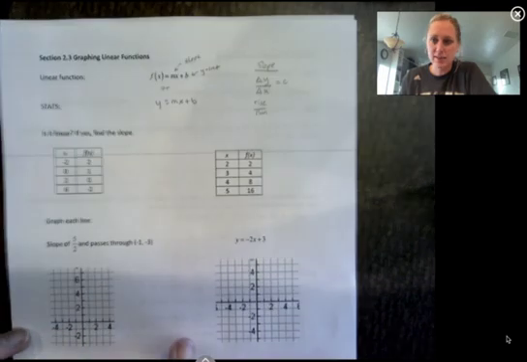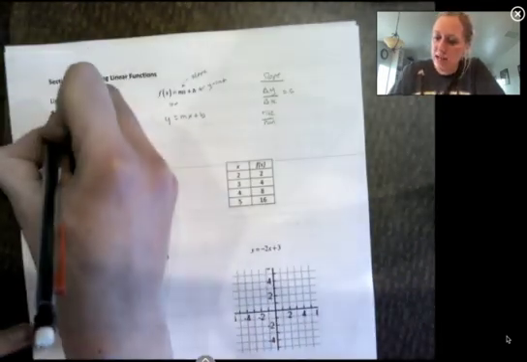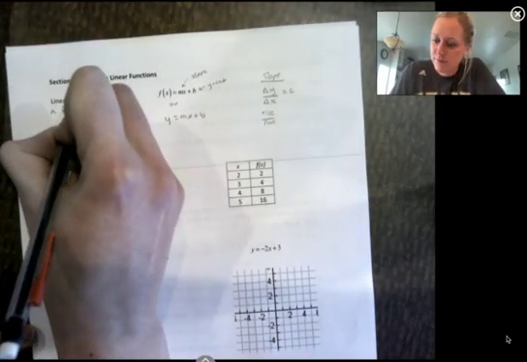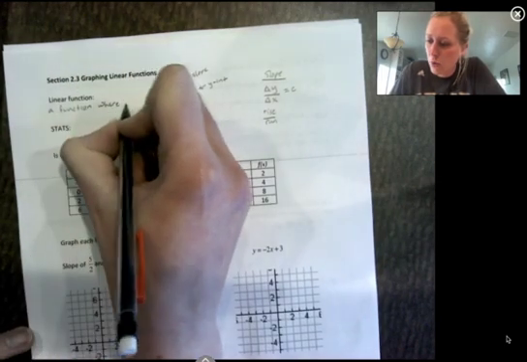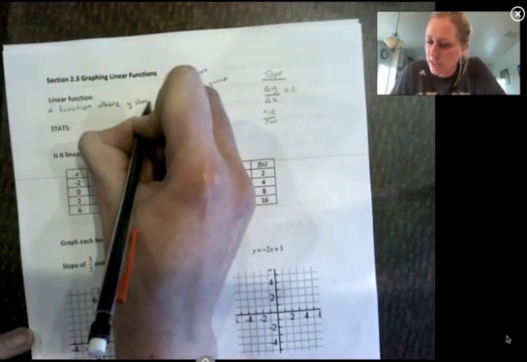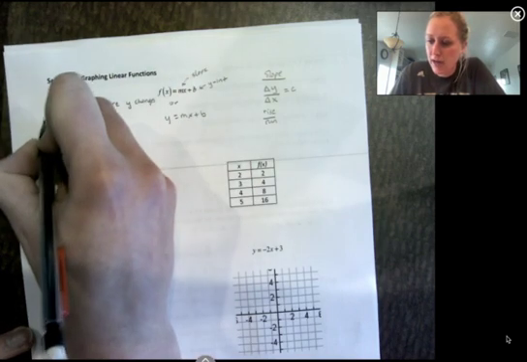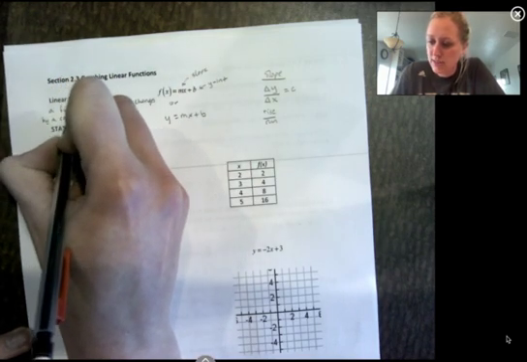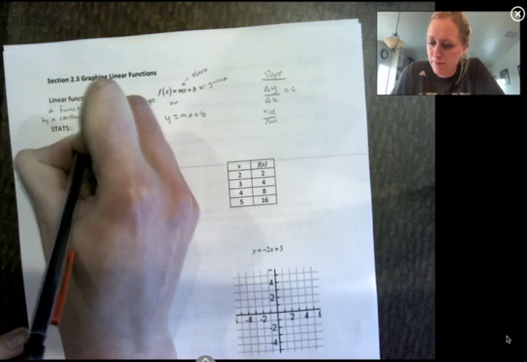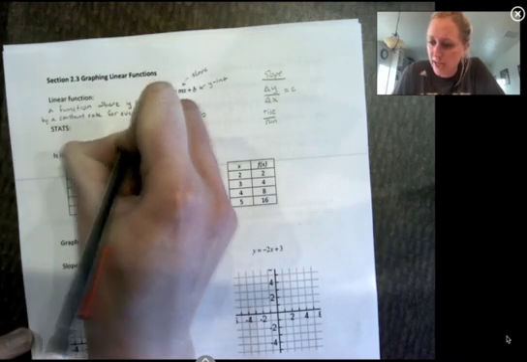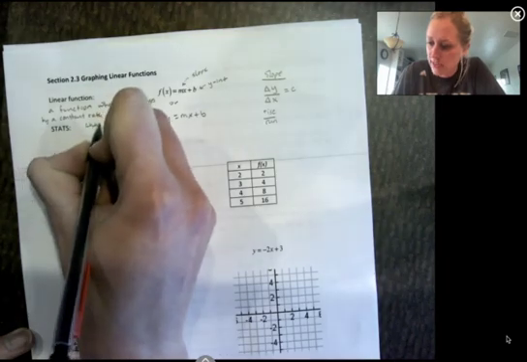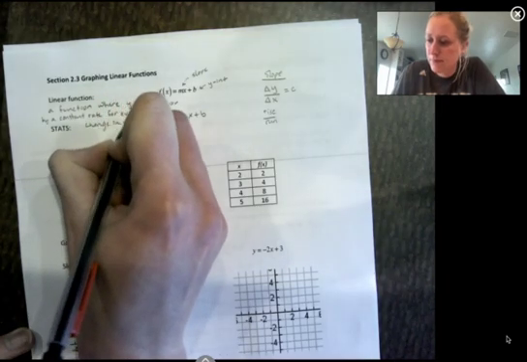So defining a linear function is a function where y changes by a constant rate for every change in x. Okay?